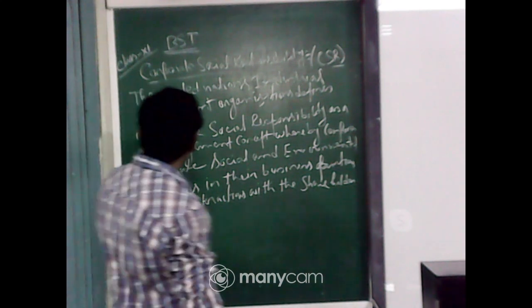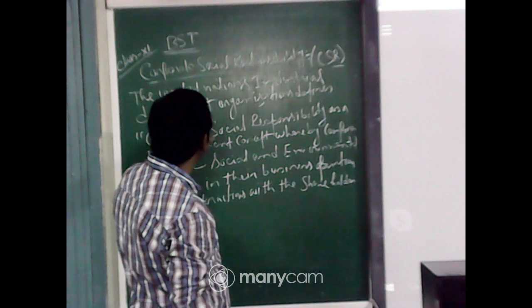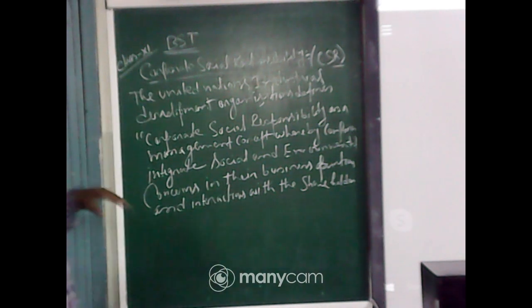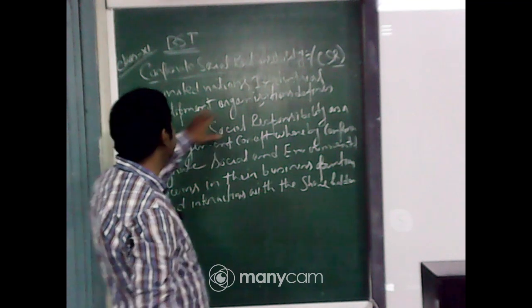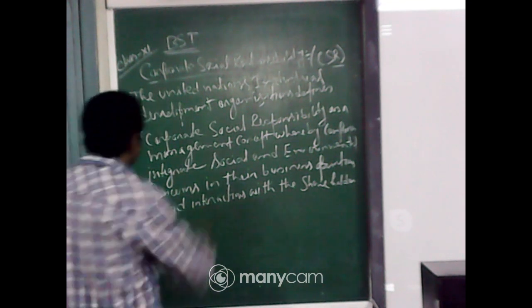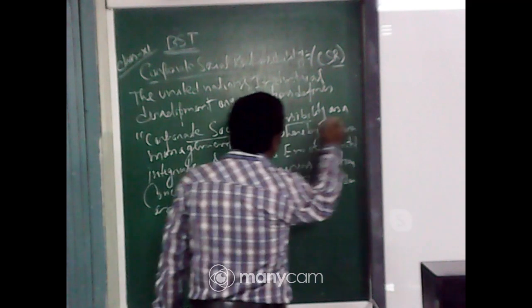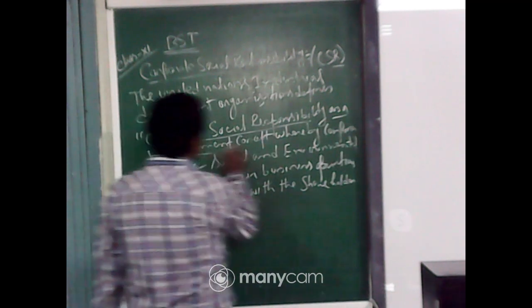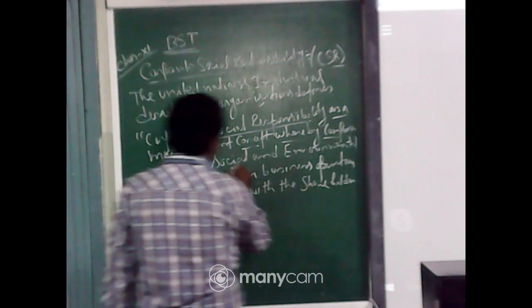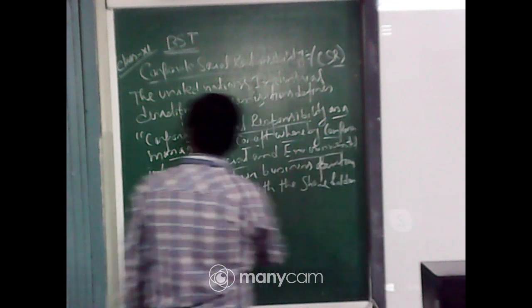And in the same way, the United Nations Industrial Development Organization is one type of branch. United Nations is a big group, and they have one branch that is related with industrial development. It defines corporate social responsibility as a management concept, whereby companies integrate social and environmental concern.